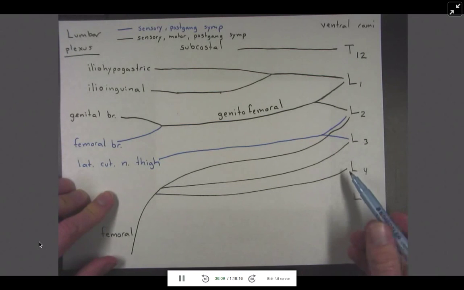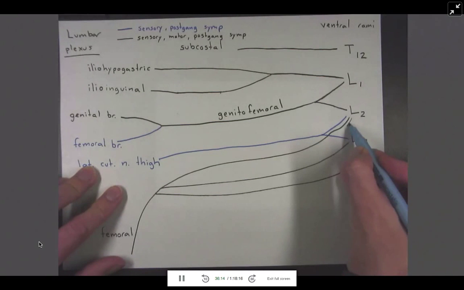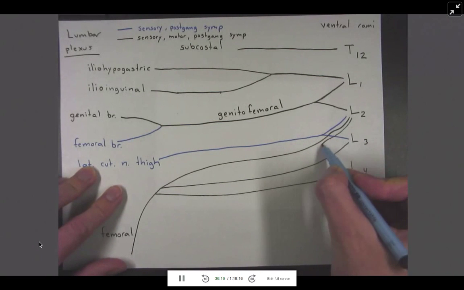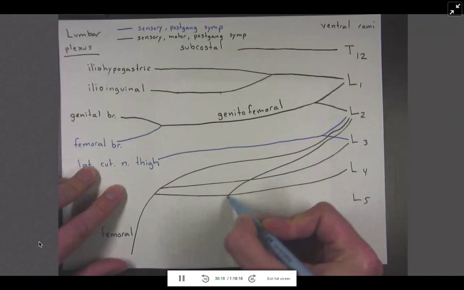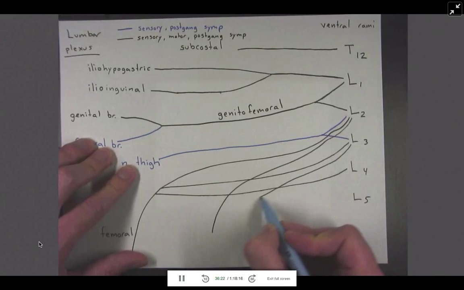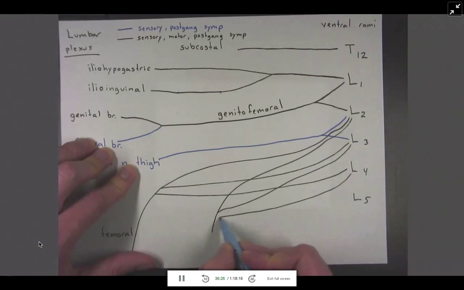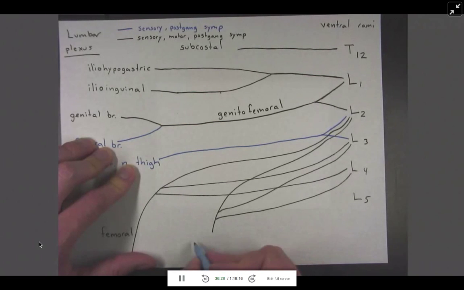Obturator nerve is L2, L3, and L4. L2, L3, L4 come together to form the obturator nerve.